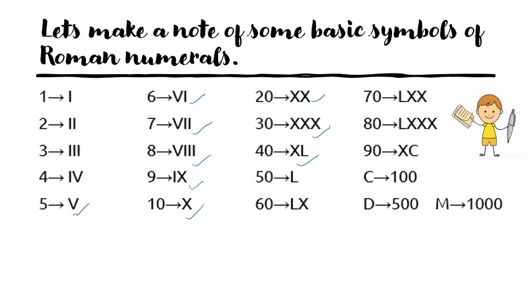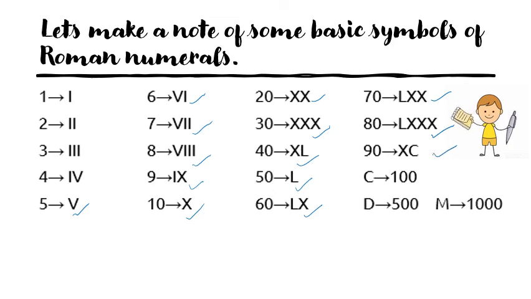Now 50 is represented by L, 60 is 50 plus 10, that is LX. Now X is written here on the right hand side, which shows LX, that is 50 plus 10 equals to 60. Now for writing 70, we write LXX, that is 50 plus 10 plus 10. To show 80, we write LXXX, that is 50 plus 10 plus 10 plus 10 equals to 80.